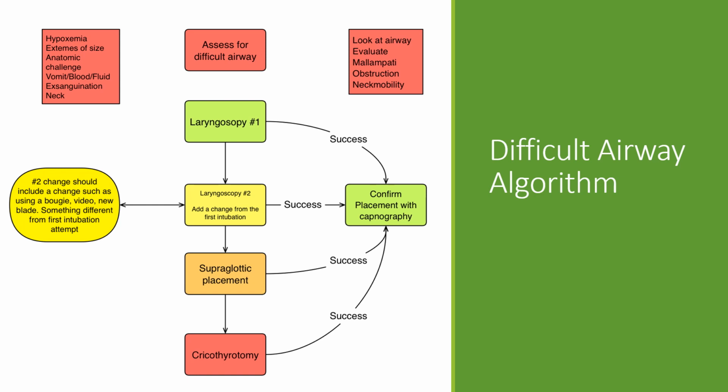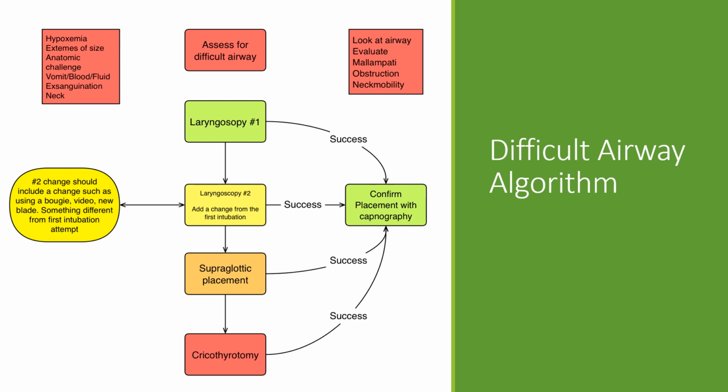If we cannot, when the supraglottic doesn't work, whether it is a burn, upper airway obstruction, something like that, or it could just be the patient themselves, if we are not able to ventilate our patient, at that point we're moving to our last option, and that is a cric.